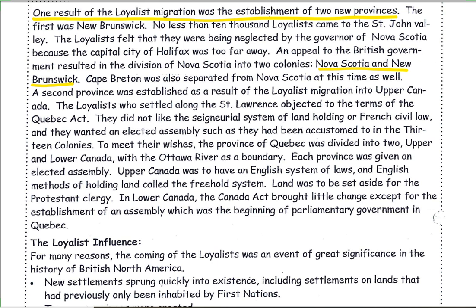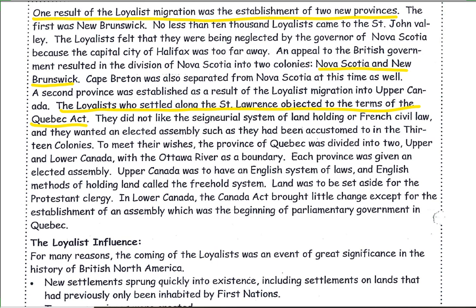A second province was established as the result of the Loyalist migration into Upper Canada. The Loyalists who settled along the St. Lawrence objected to the terms of the Quebec Act.